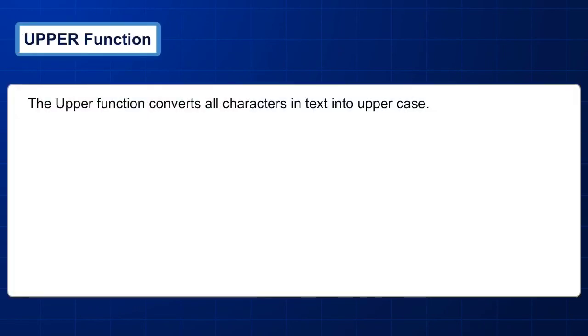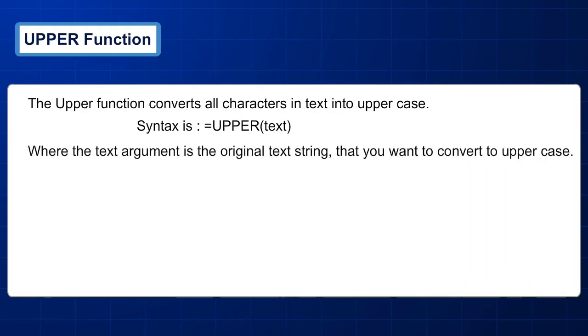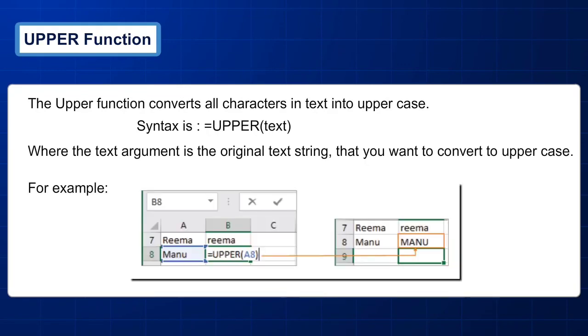For example, upper function. The upper function converts all characters in a text into uppercase. Syntax is UPPER and we pass text as an argument, where the text argument is the original string that you want to convert to uppercase.